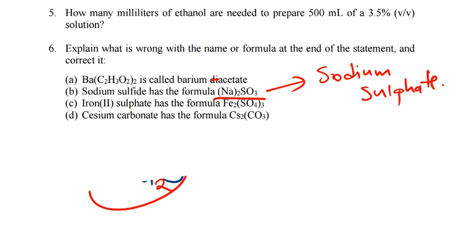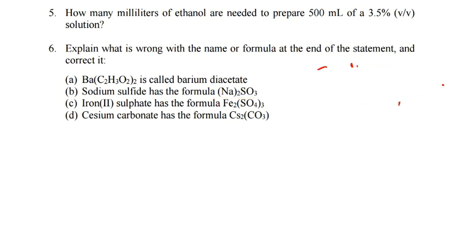And then for C, what do you think is wrong there? Iron II sulfate. Let's try to look at that. The sulfate has a valency of 2 minus as well, right?